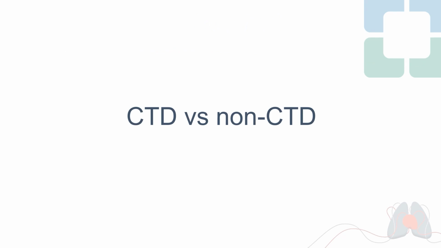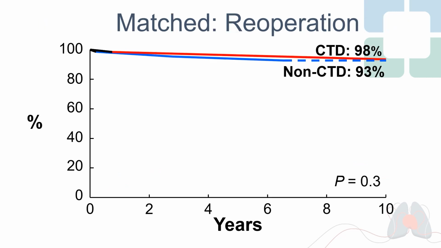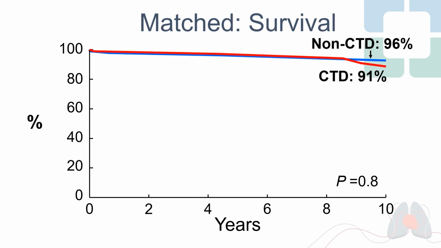When comparing the two groups, these are matched patients, basically no difference as far as the risk of aortic regurgitation over time, and reoperation risk also very low in both categories out to 10 years. Survival also excellent, as I pointed out earlier, in comparing the outcomes.